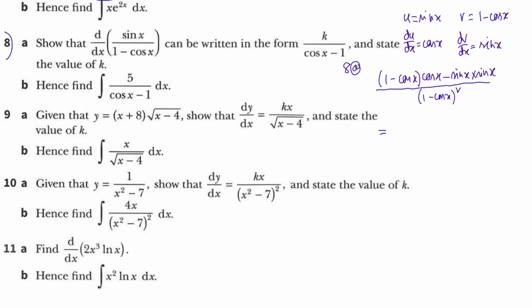Now break down the top, which is cos x minus cos square x, then minus sin square x, it is written here, and its denominator is written here, 1 minus cos x whole square.